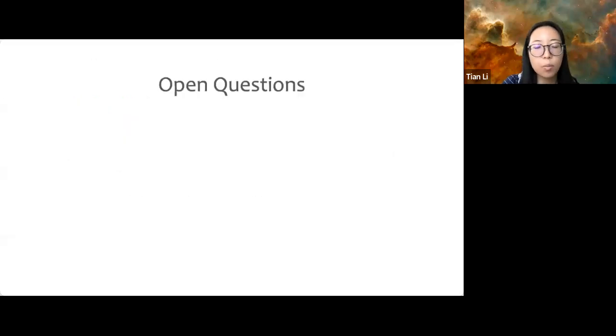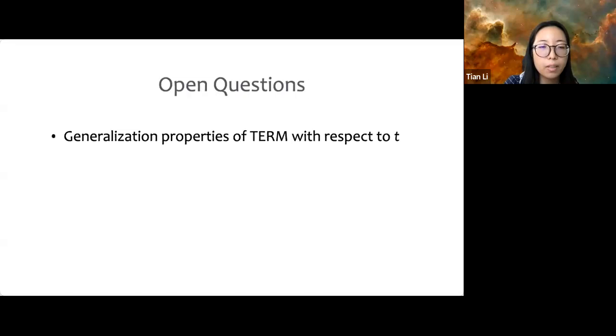And what are some of the open questions here? One is to study the generalization properties of TERM with respect to t. While we have shown that TERM can reduce the variance, at the same time, it will increase the bias. So it's still not clear how specifically it can improve generalization, though in our experiments, we observed that it does help.